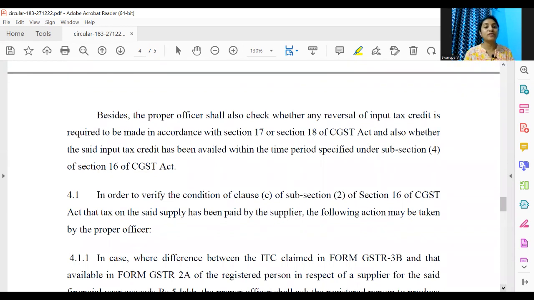Now, how will the proper officer get convinced in this particular matter?